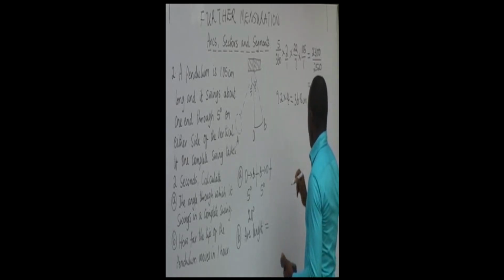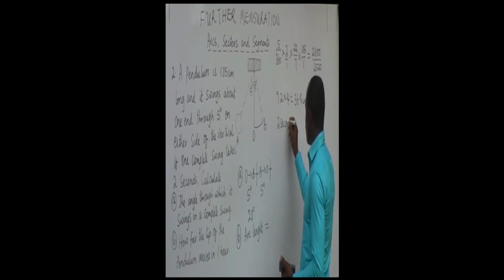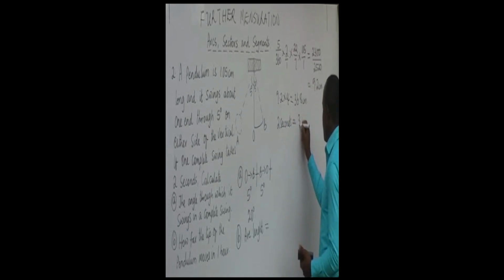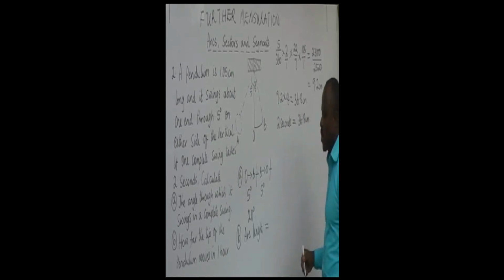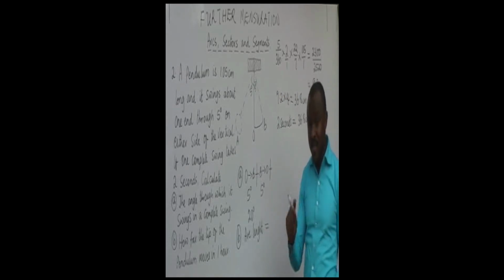Now, if 2 seconds will give 36.8 centimeters, what of 1 hour? 1 hour is 60 times 60 seconds.